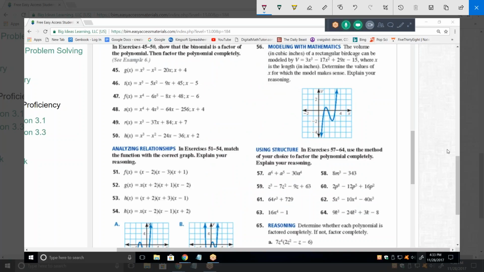This is a quartic. The number in the box is 6. Then the numbers are 1, -6, 0, -8, and 48.